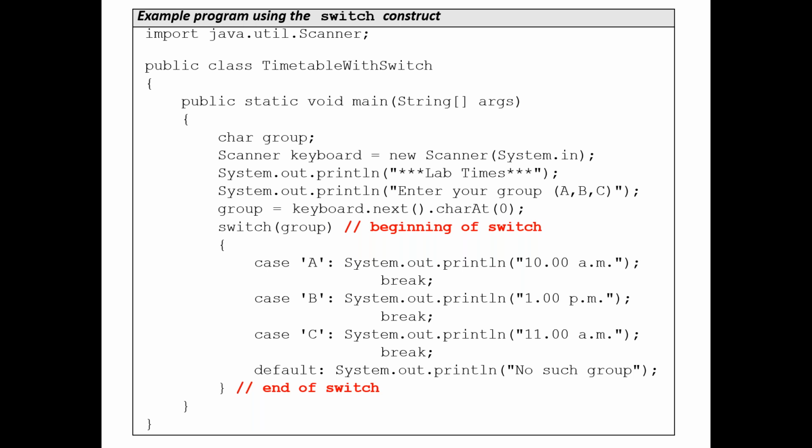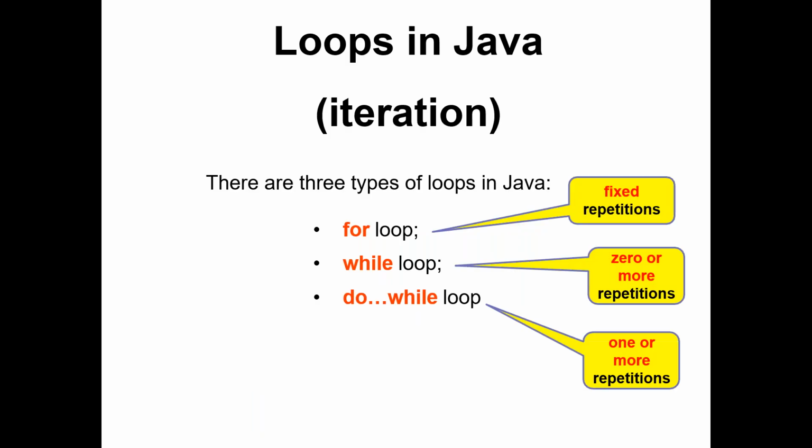If your group is A, your lab tutorial will be at 10 a.m., while if you're in group B, your tutorial will be at 1 p.m., and group C will be at 11 a.m. Switches are used mainly when we have multiple options.